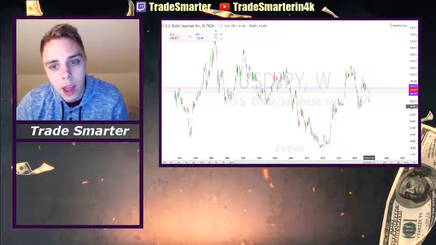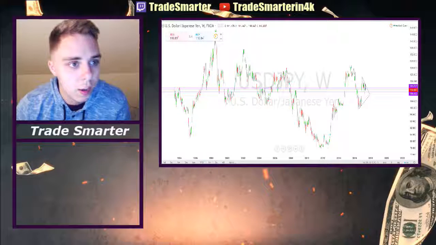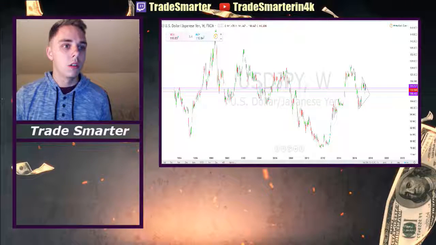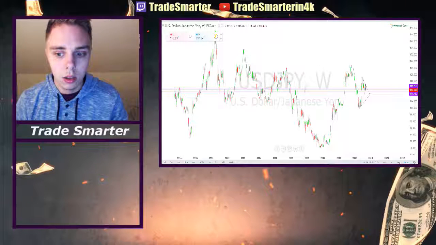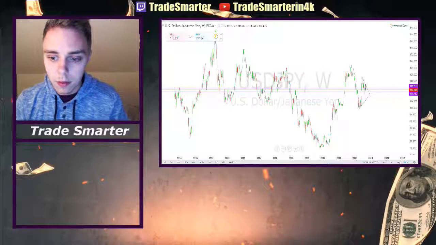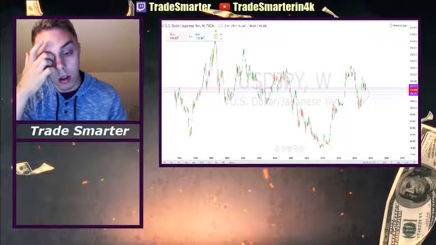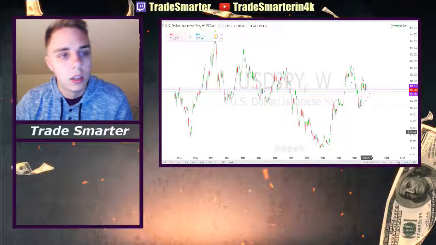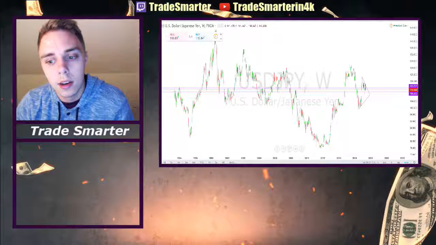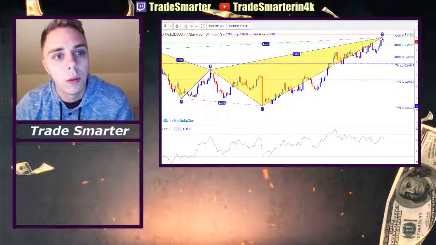I could see either direction, honestly. I don't think USD JPY is really good for a trade right now. Let's check in 1 minute. It'll be 5 o'clock local time, and I'll be able to see if that harmonic scanner has updated anything that we can look at.